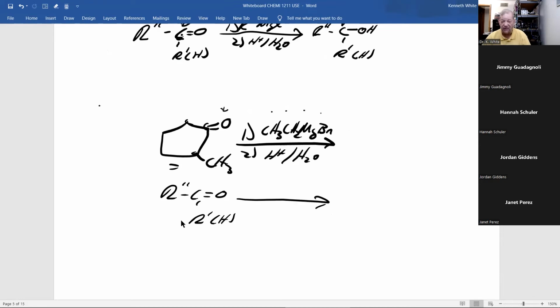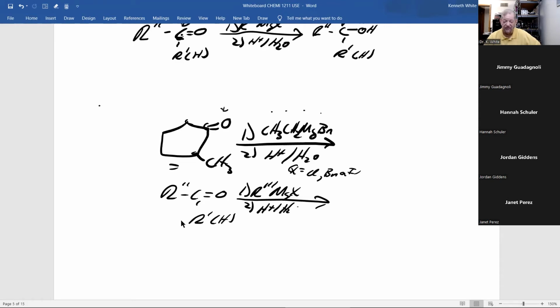Carbon, ooh, magnesium bromide. It's a Grignard reagent. And X can be chlorine, bromine, which in our case it is, or iodine. Next, second step, acid and water.